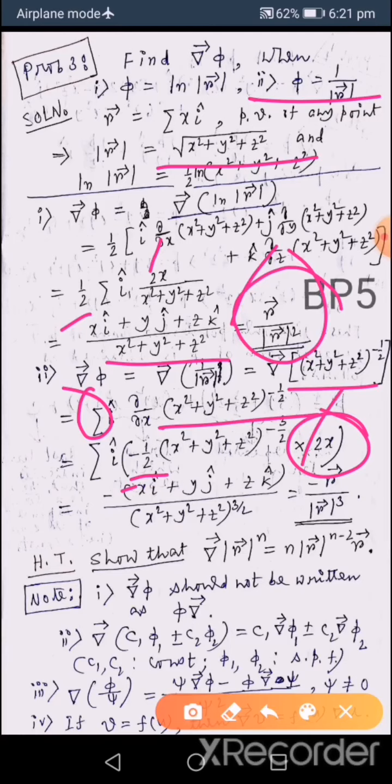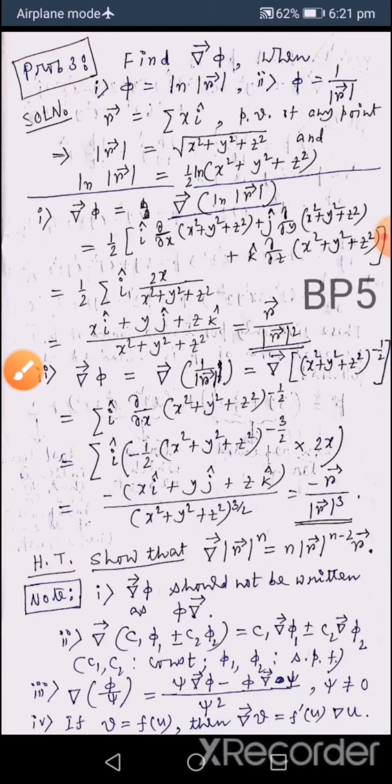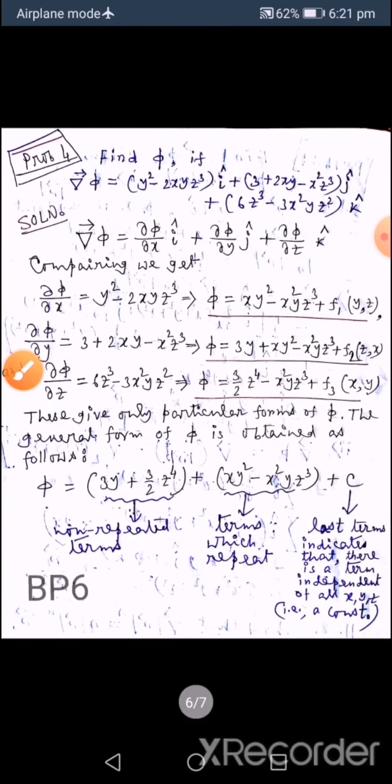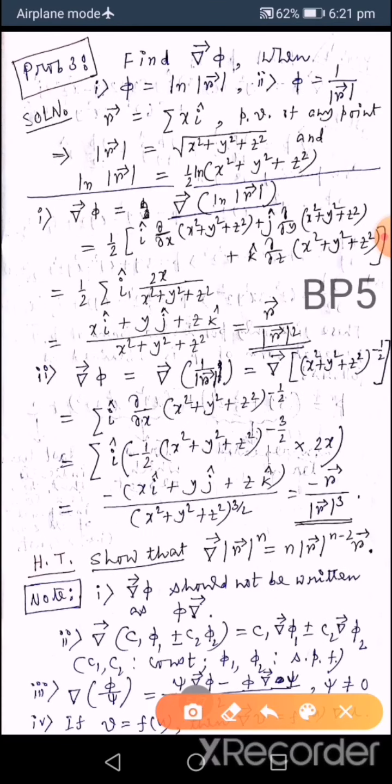Similarly here also 2 will get cancelled, and we have for the first part x square plus y square plus z square to the power 3 by 2 in the denominator, and in the numerator we have only xi, and one minus is there.